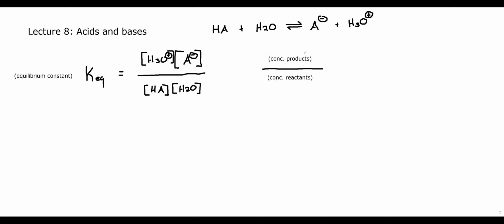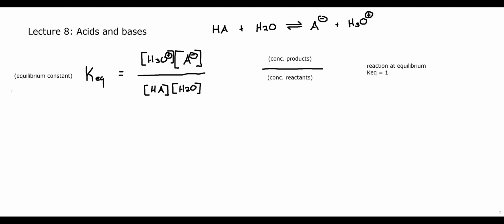If the numerator is the same as the denominator, we should have 1, okay? So for a reaction at equilibrium, KEQ equals 1.